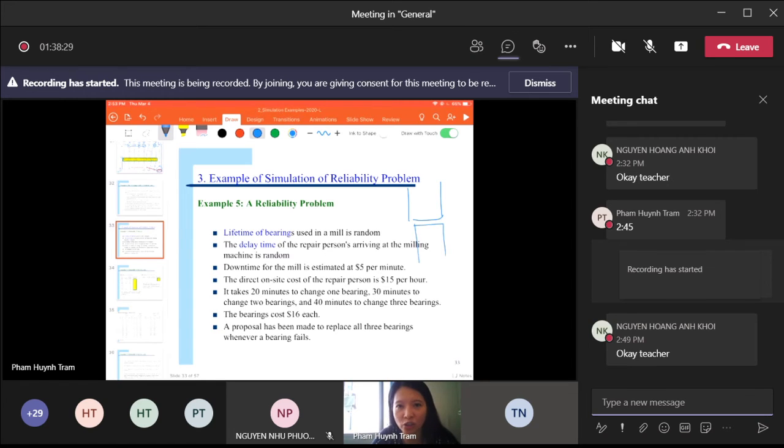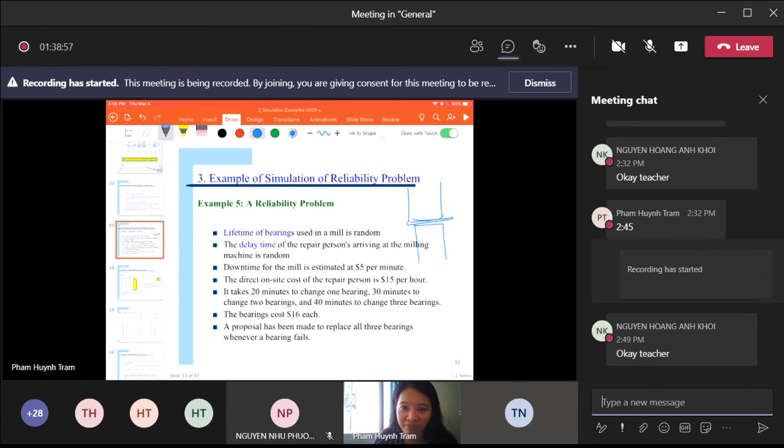And in this particular milling machine, we use three bearings inside. Okay. So these are the information we have. We have the delay time of the repair person arriving at the milling machine. So when we make a call, he doesn't appear immediately, but after some time, and that time is random.